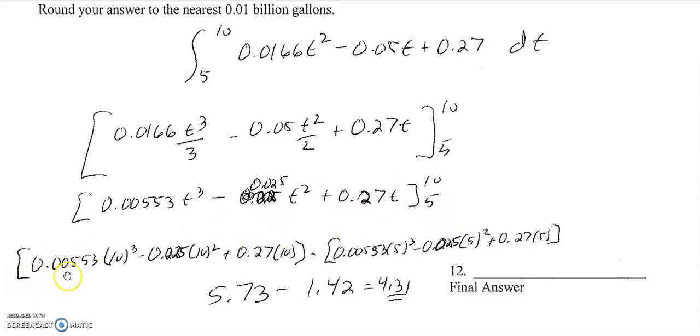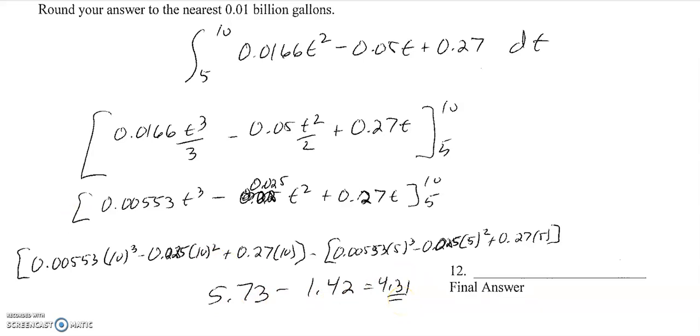So we have 0.00553 times 10 cubed minus 0.025 times 10 squared plus 0.27 times 10, which gives us 5.73. Again, be careful typing that in, minus 0.00553 times 5 cubed minus 0.025 times 5 squared plus 0.27 times 5, which gives us 1.42. So 5.73 minus 1.42 gives us 4.31 billion gallons.